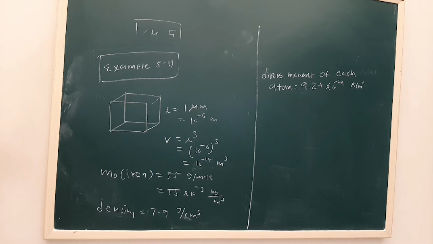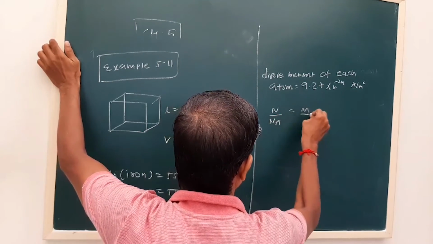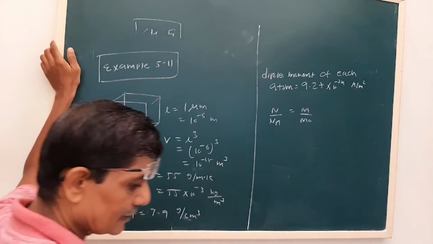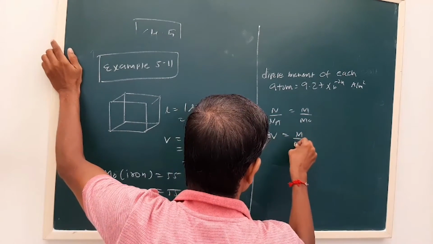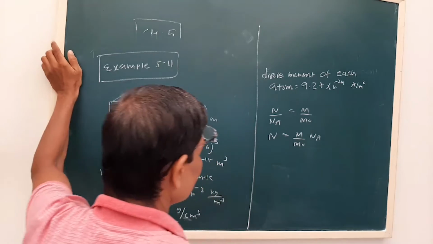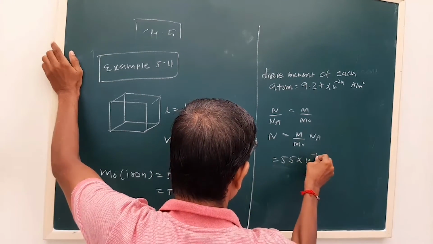Now see, first we find out the number of molecules. That is, n upon Na is m upon m0. Now see, the molecular mass is 55 into 10 to minus 3.